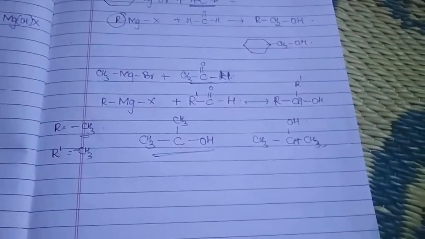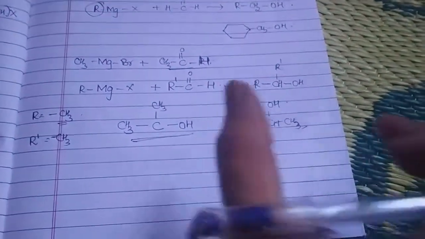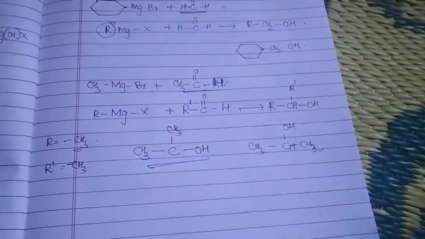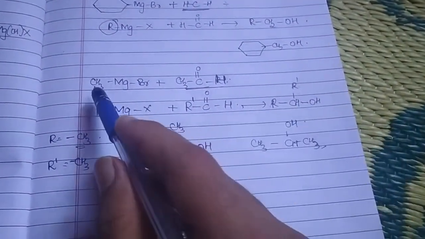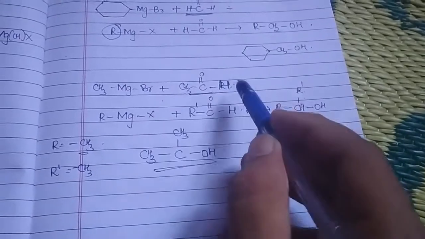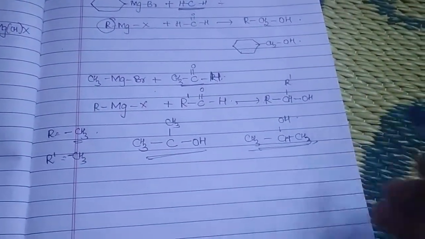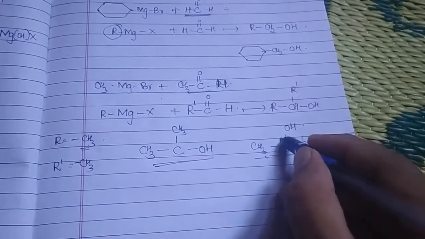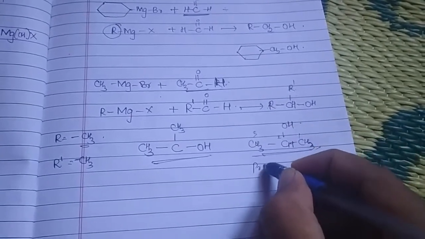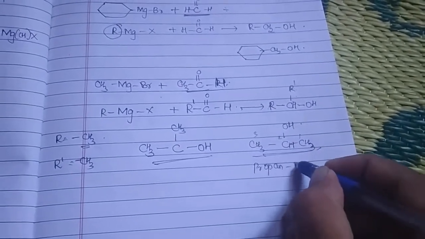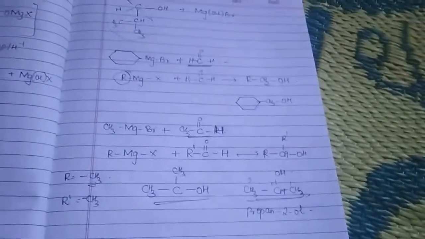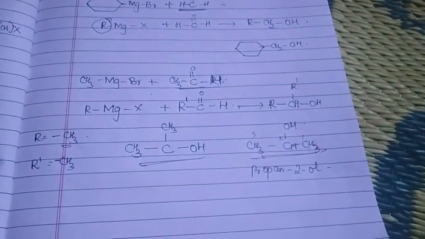So in this way also you can write it. We have to check the longest chain rule. So whenever we treat methyl magnesium bromide with ethanal, what is the product we are getting? It is 1, 2, 3, propan-2-ol. So in this way you have to remember certain things.